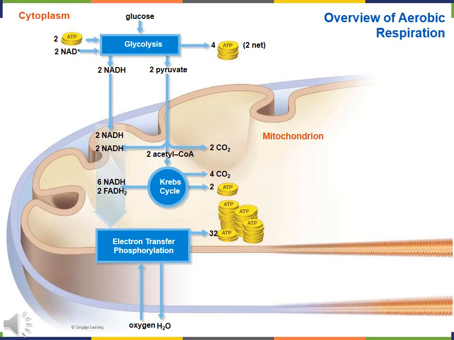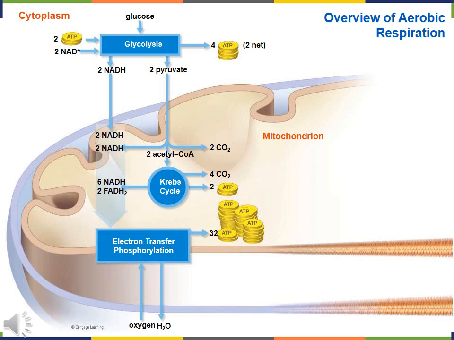The NAD plus is going to meet up with the pyruvate. It's going to have 2 CO2 molecules removed, and you're going to have a product of 2 acetyl-CoA molecules. Those are going to enter the Krebs cycle along with, we now have 8 NADH and 2 FADH2.